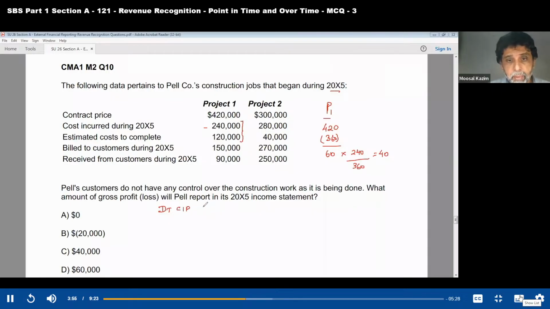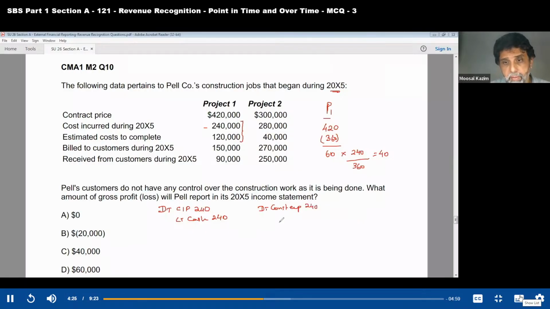So debit CIP 240, the cost incurred to date. Credit cash for cost incurred in that year, 2005, when it started. So that will be 240, right? And also, when we account for the expense, it would be debit construction expense, which is 240.